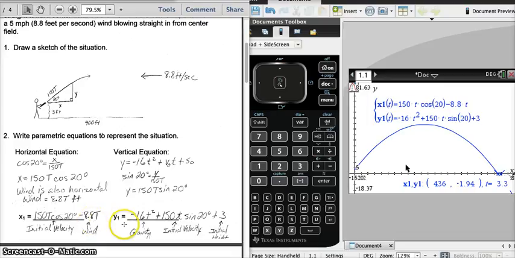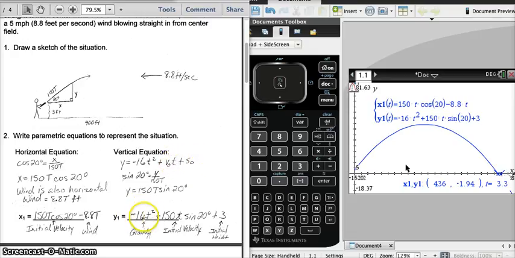So then we have our vertical. Well, that's just our y value. So you set up sine of 20 degrees equals opposite over hypotenuse, or y over 150t. Isolate our y, so we get 150t sine 20 degrees. But your vertical is the formula we just learned in the last lesson, which is negative 16t squared plus the initial velocity times t plus the initial height.